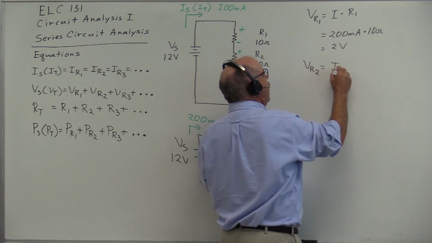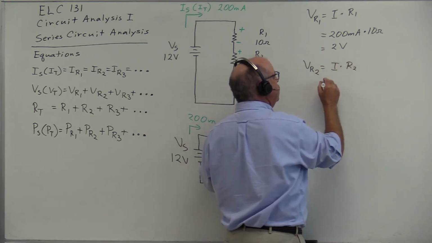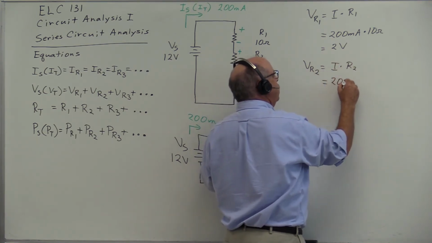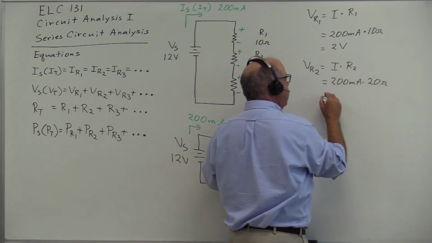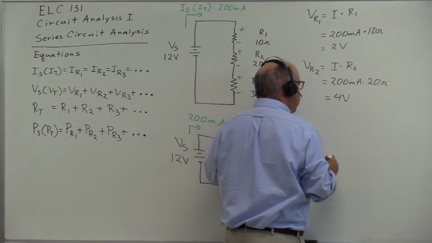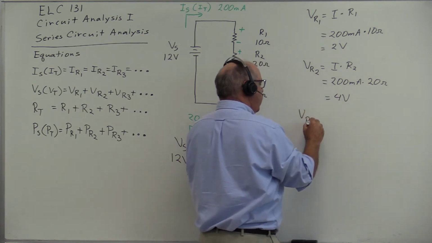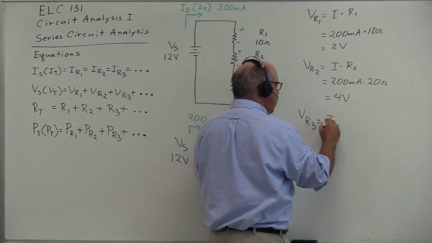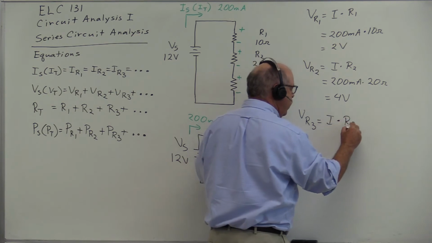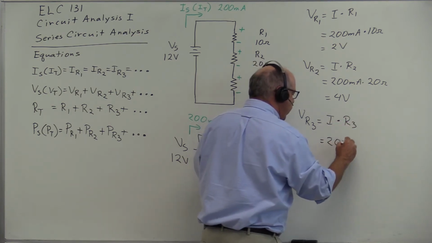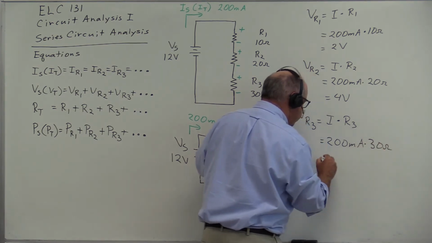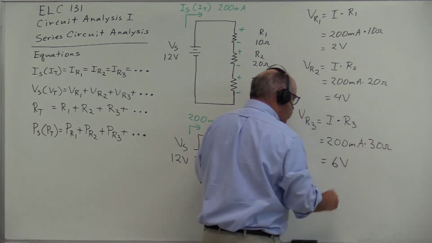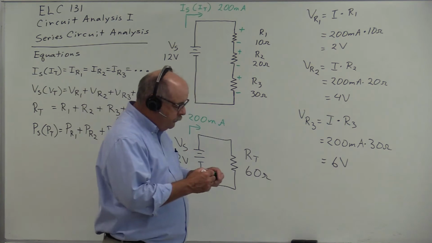VR2 equals I times R2, 200 milliamps times 20 ohms gives us 4 volts, and VR3 is I times R3, 200 milliamps times 30 ohms gives us 6 volts.